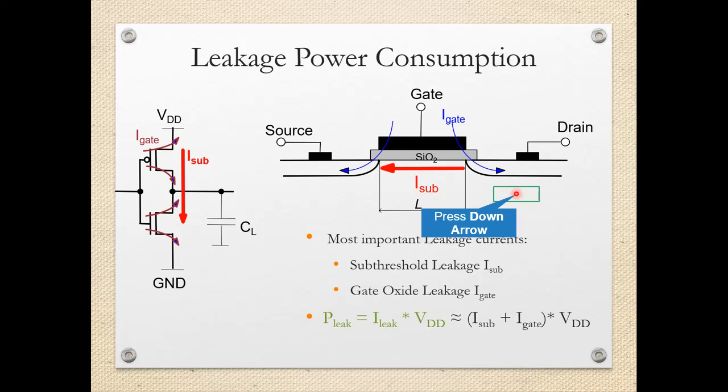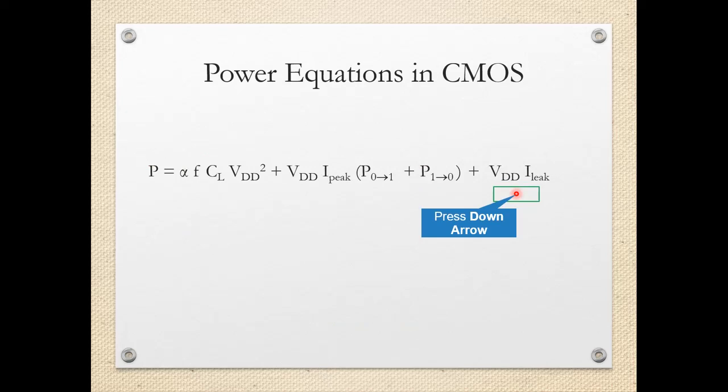The formula is P leakage is equal to I leakage into VDD, and this I leakage is given as I subthreshold leakage current plus I gate, the gate oxide leakage current, multiplied by VDD.